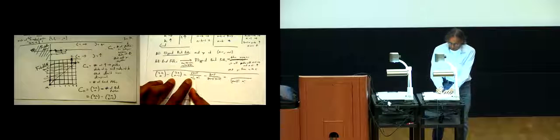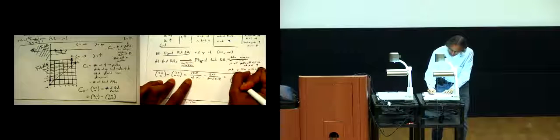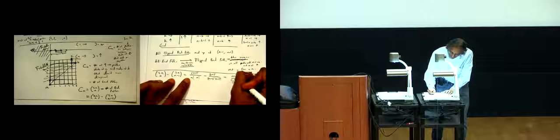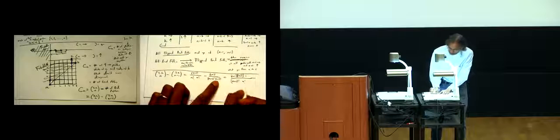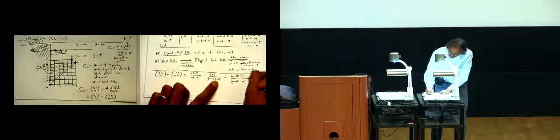So if I multiply top and bottom by n, I get an n plus 1, sorry, I get an n plus 1 times 2n factorial. And then I get a minus. So here, to get the n, I need to multiply top and bottom by n.